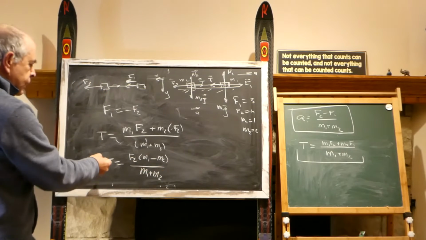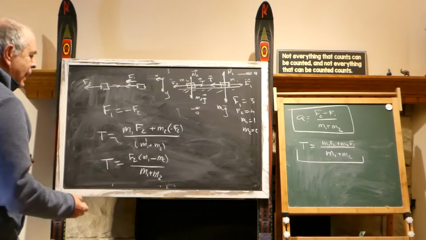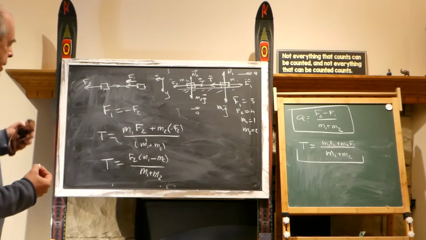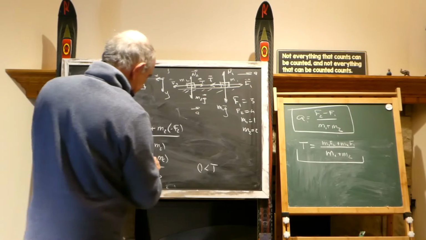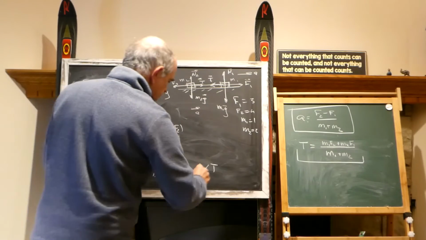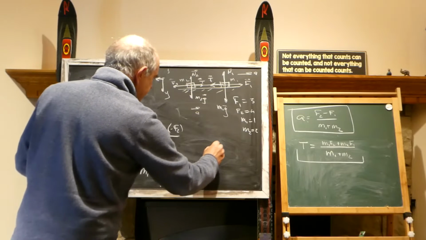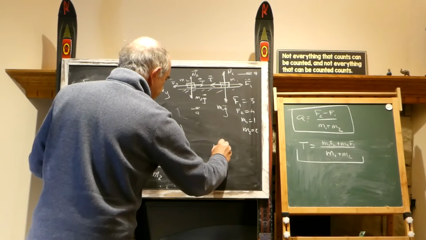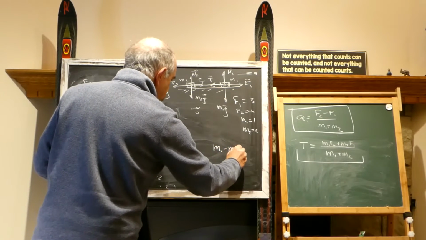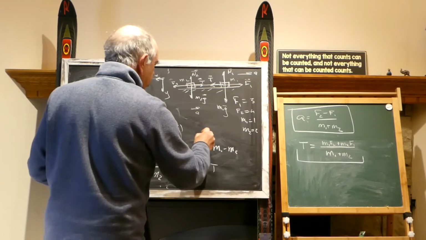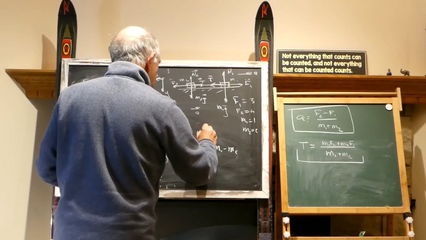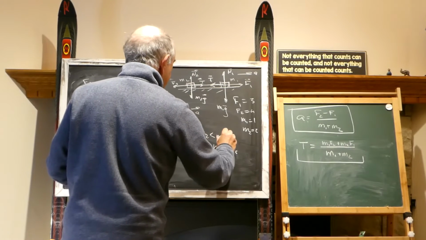And very important that T in that case is positive. That means T has to be positive. That means this thing has to be positive. That means M1 minus M2 has to be positive. That means, I'm writing upwards, that M2 should be less than M1.